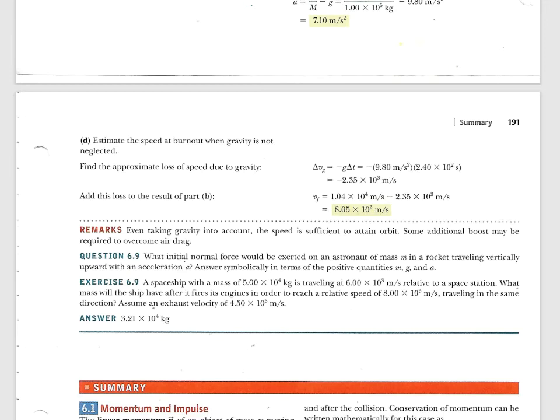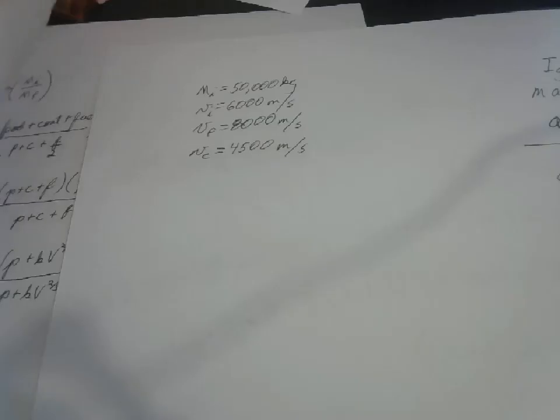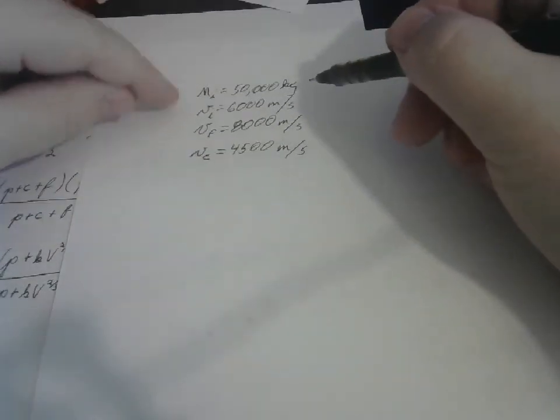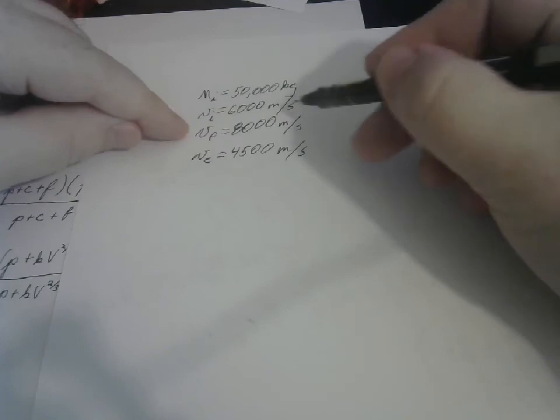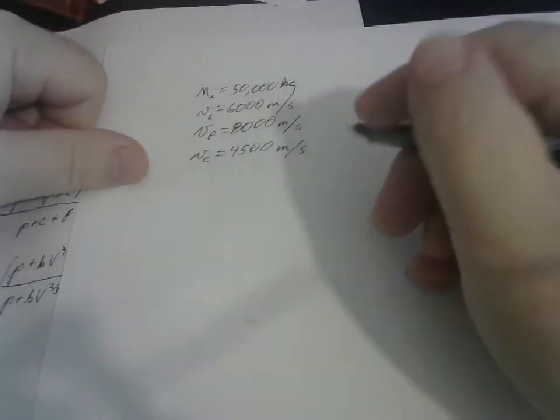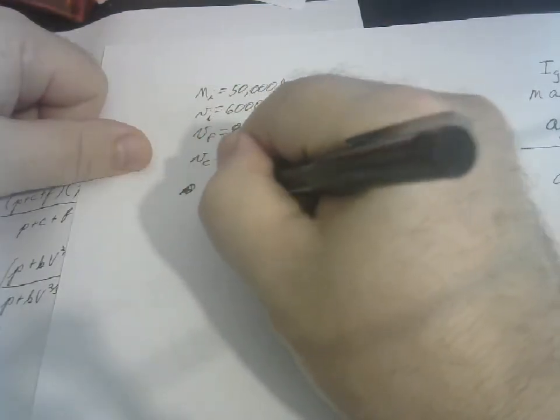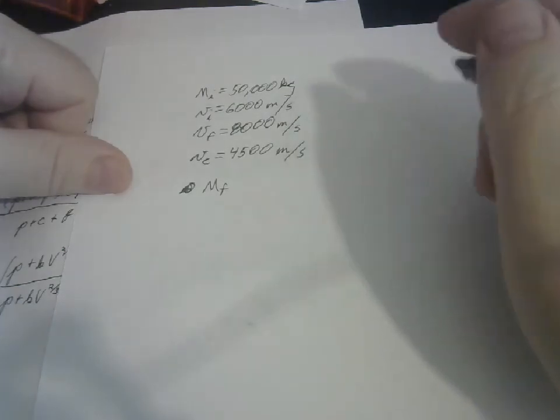Assume an exhaust velocity of 4,500 meters per second. So we've got a mass initial of 50,000 kilograms, V initial and V final of 6,000 and 8,000, an emission velocity of 4,500 meters per second, and we want to know mass final of this spaceship.